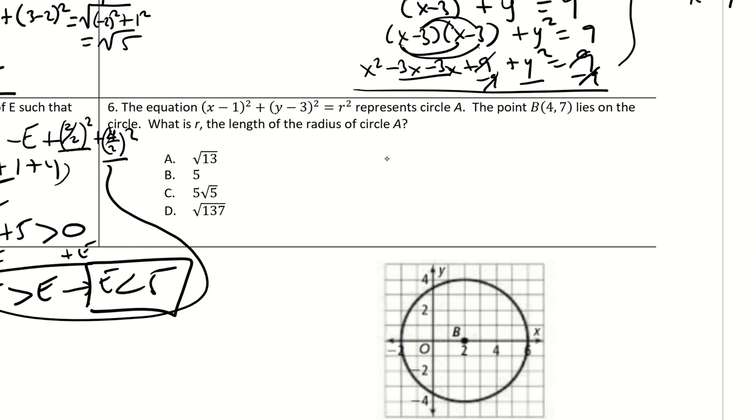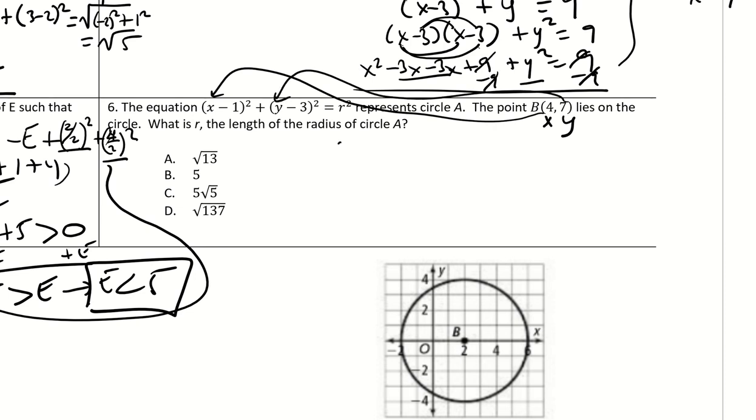Number 6, the equation represents circle A. The point B lies on the circle. What is the length of the radius of circle A? Okay, so this is x and this is y, because this is the point on that circle. So what we're going to do is plug those in there. That's going to give us our radius.